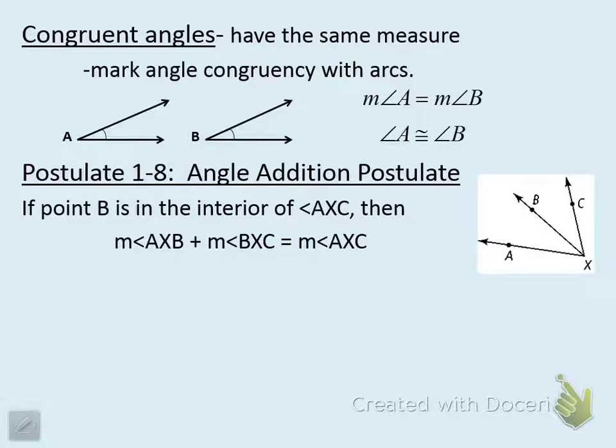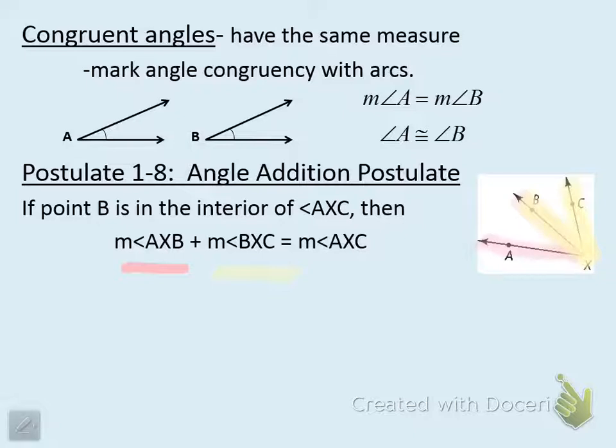So here's my picture. Okay, the measure of angle AXB, I'm going to do a little highlighter action here. Hold on. The measure of angle AXB, so we've got that angle. And then the measure of angle BXC, it's right here.